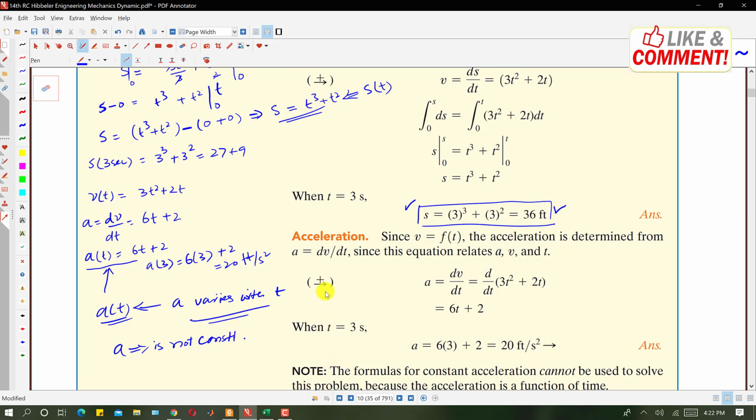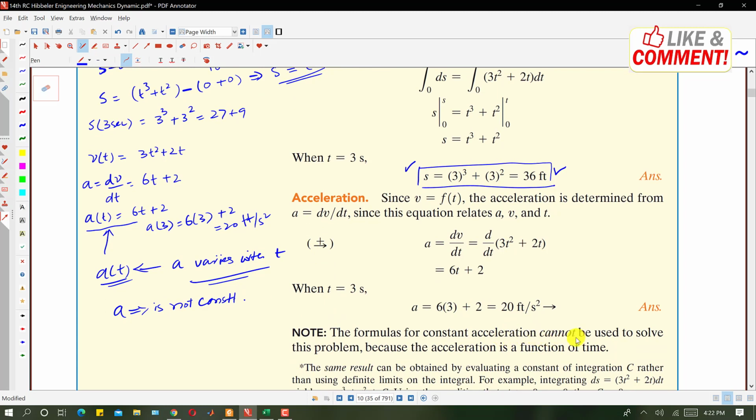Here it is said that the formulas for constant acceleration cannot be used to solve this problem because acceleration is a function of time, right. So, this is the solution of this first problem.